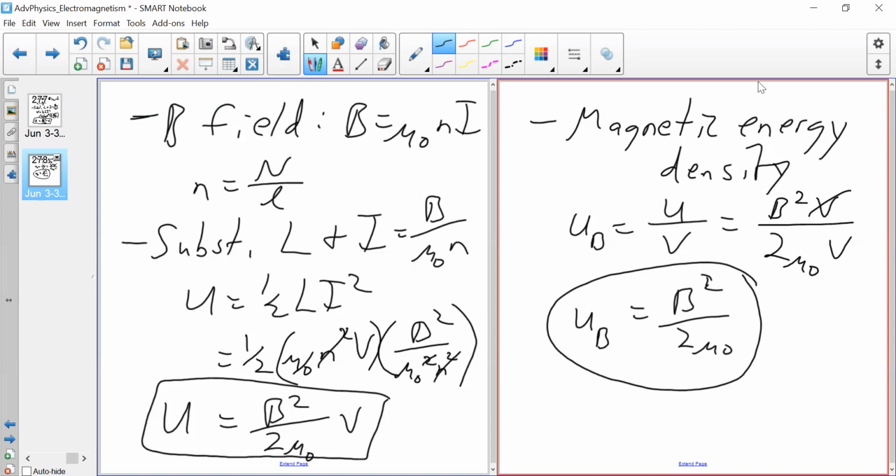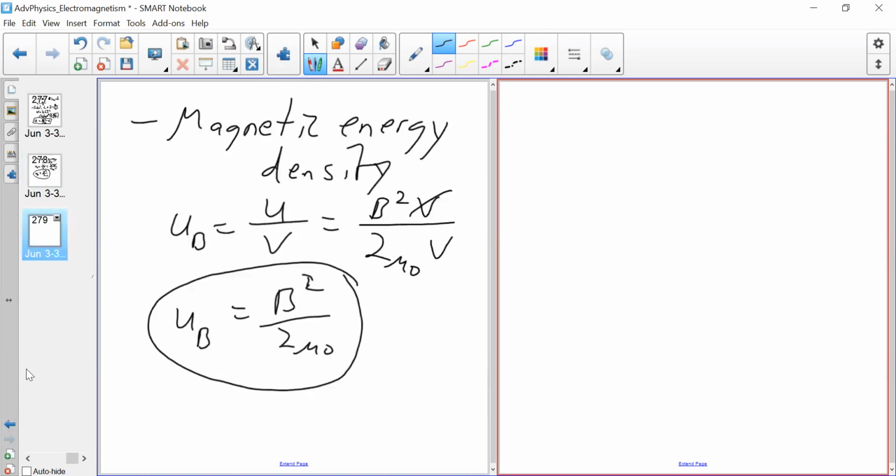Okay, I want to move on, so get the rest. Let's talk about mutual inductance. This involves two or more wires. They have time-varying currents going through each.